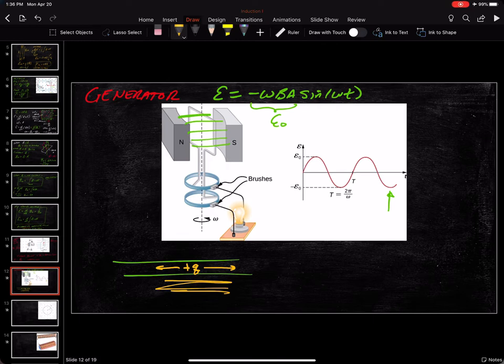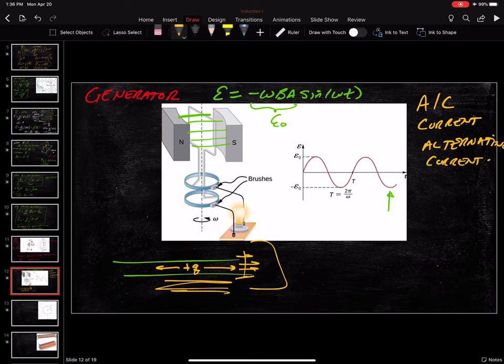If you hook this up to some device, the charges get pushed into it for a while, then they get pulled out of it, then pushed into it, and so on. And so this is your AC current, alternating current.